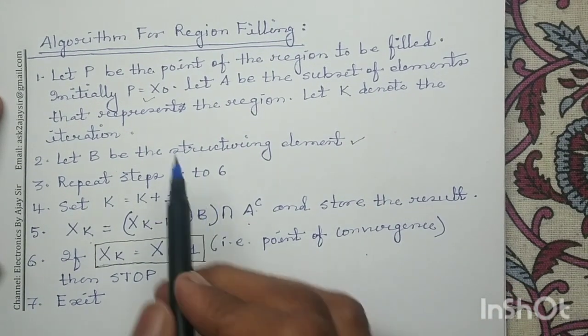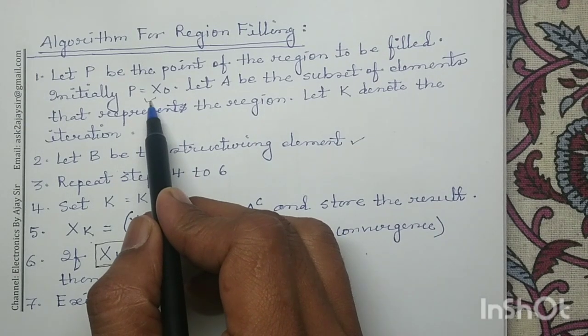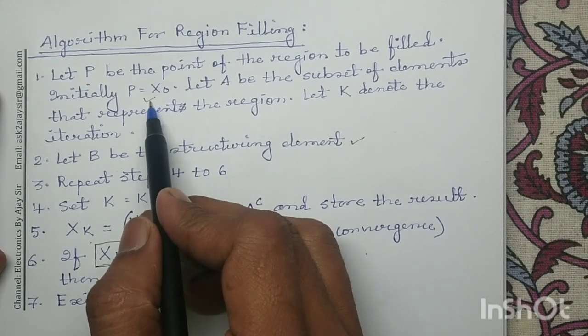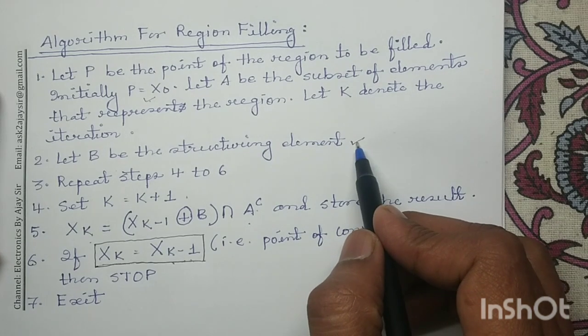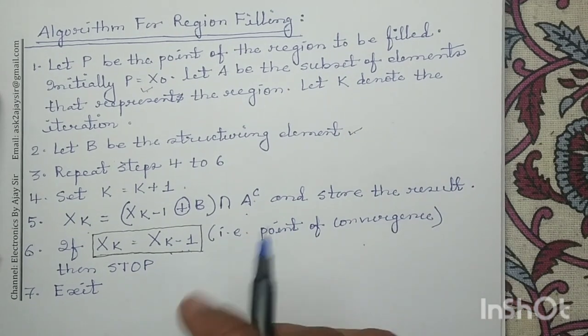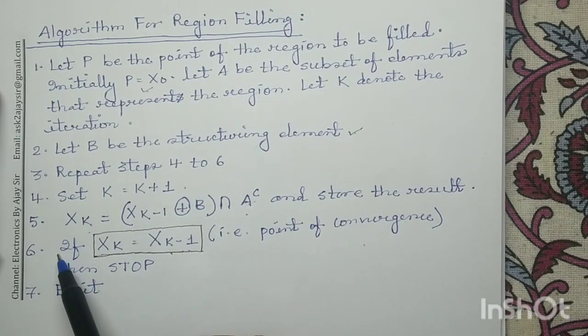In the region filling operation, in the 0th step, we have to consider the initial seed point X0, any point in the hollow region, and we have marked it as X0. Next, we have considered the structuring element B, and after that, we have performed this repetitive operation.